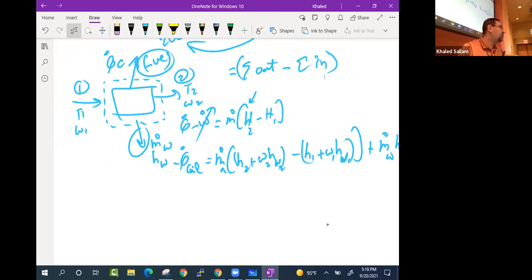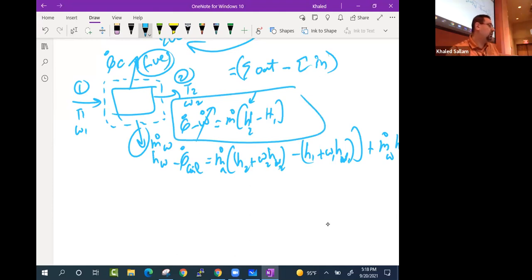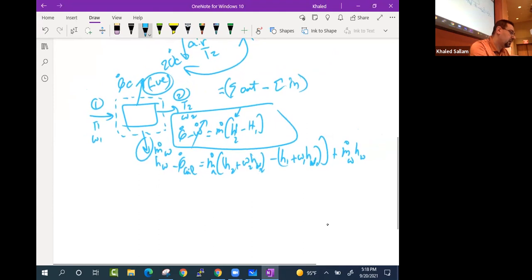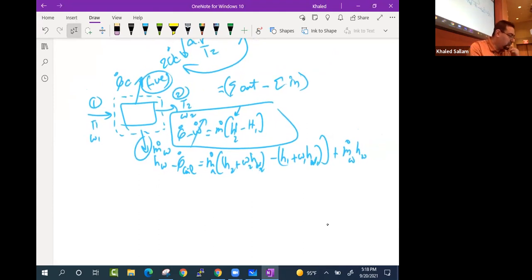The same thing for the Q. So when you just tell yourself, I'm just going to always write Q dot minus W dot equal m dot out minus in, then you will not really go wrong.